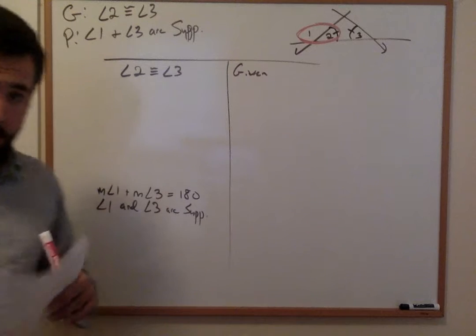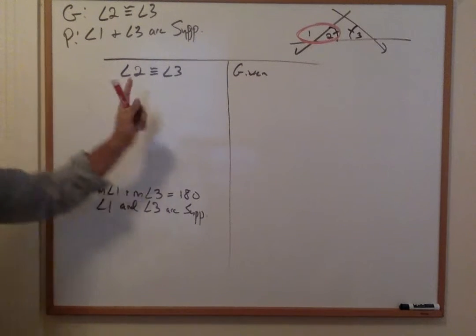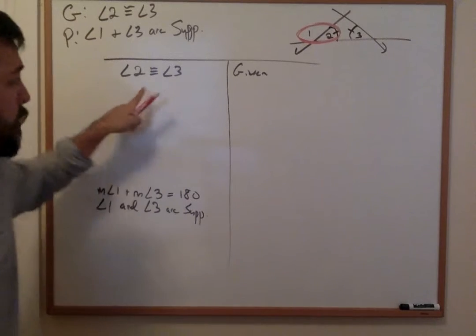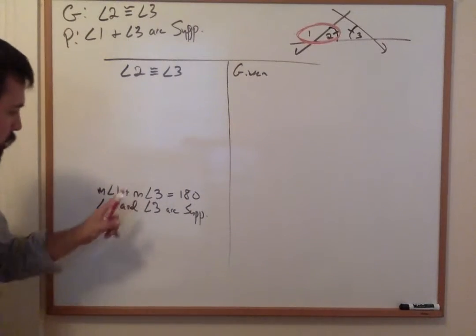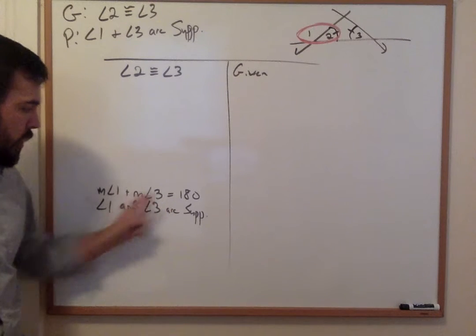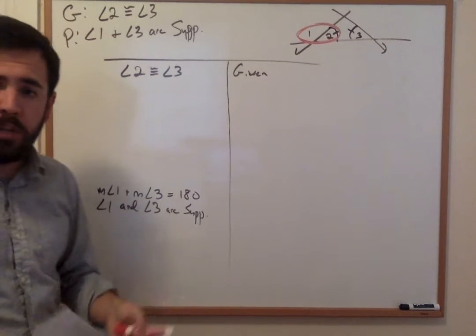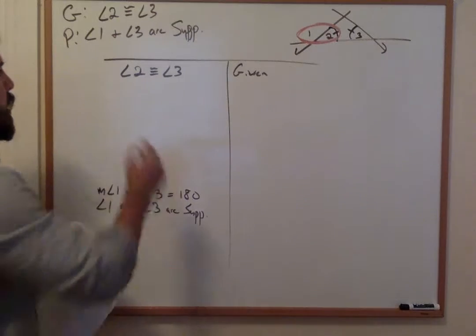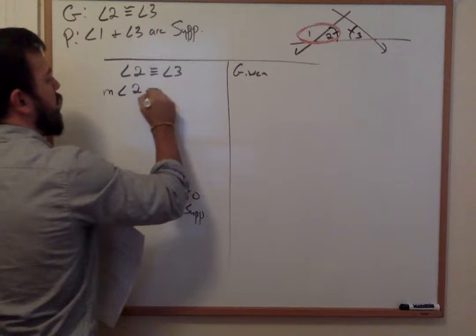Now, the reason I did that is because if we go back up here, what are we dealing with? Right now, 2 and 3, we're dealing with congruence. Well, we need to deal with equalities in order to make this equation. So, if we know that those two angles are congruent, let's also say that their measures are equal.